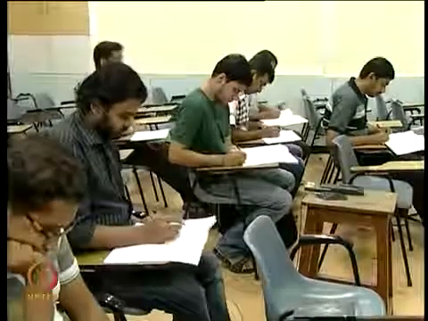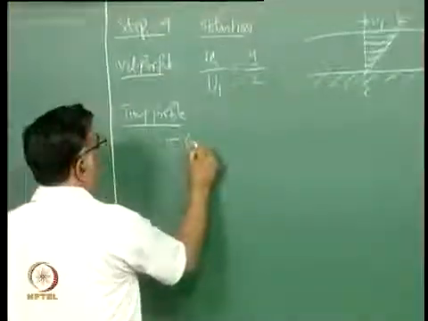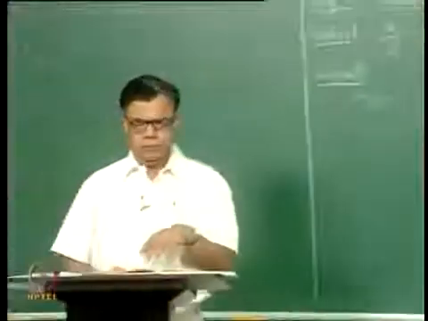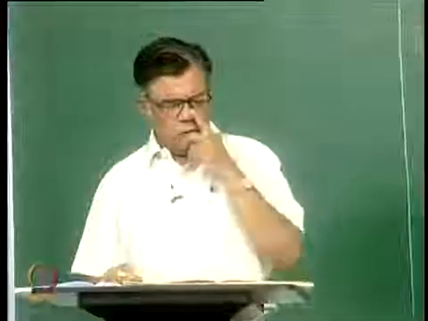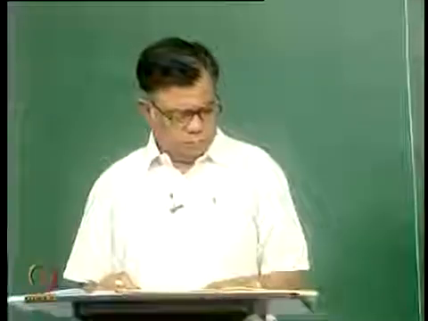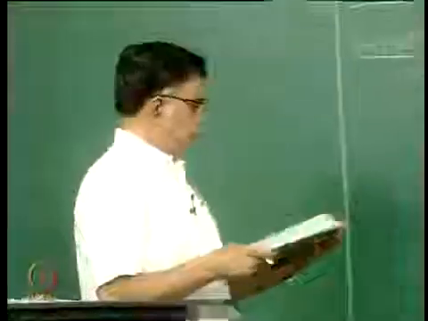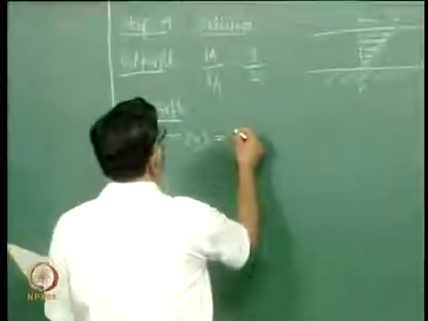Give me an expression for T of y equal to what? T is function of only y now. Finished? Can you give me the terms? I will write down, tell me.